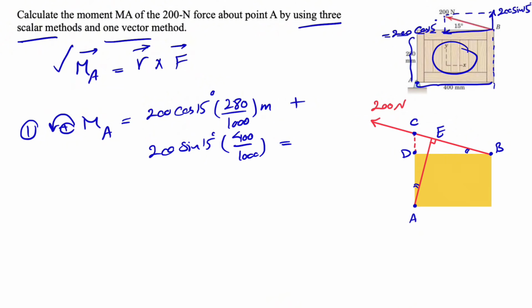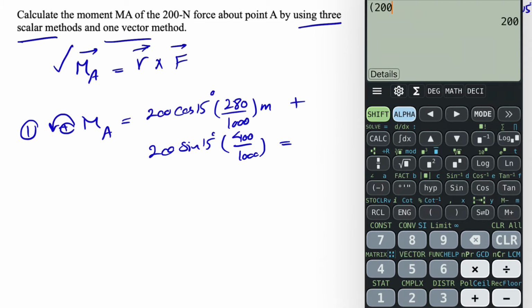Let's calculate this. So 200 cosine of 15 times 280 divided by 1,000, which is 0.28, plus 200 sine of 15 this time. I put it wrong here, so this has to be cosine of 15.